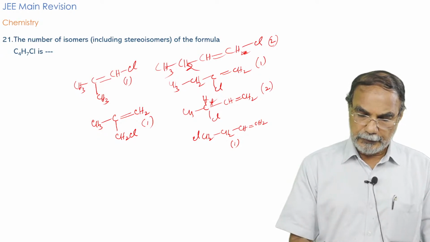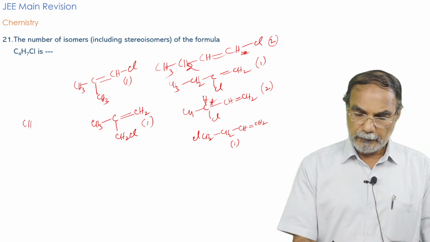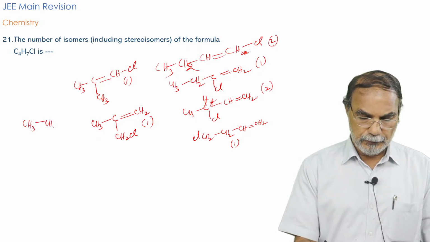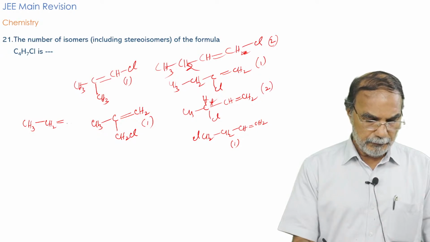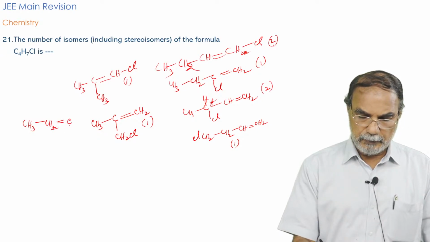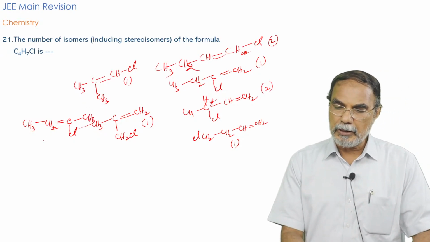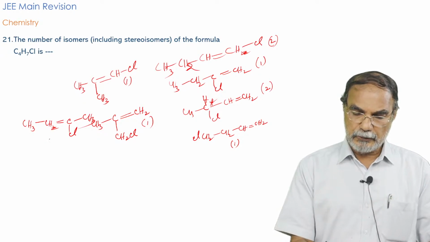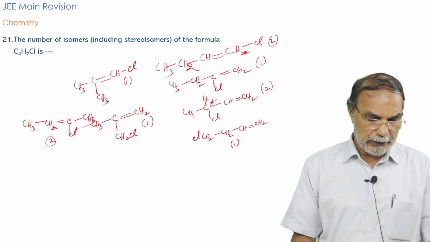If you put the compound like this, you have CH2 double bond CH, CCl, CH3. Such a compound is also possible, and in that case, you can have geometrical isomerism. So for this compound, you have two geometrical isomers.